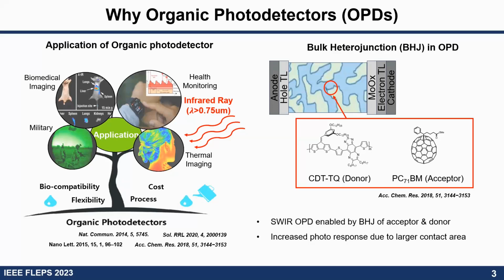These SWIR organic photodetectors are enabled by the bulk heterojunction of the acceptor and donor. Due to the large contact area of the acceptor and donor, the photo response is highly increased. In this work, I use CDT-TQ as donor and PCBM as acceptor.